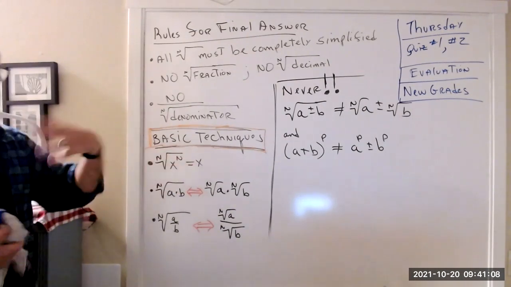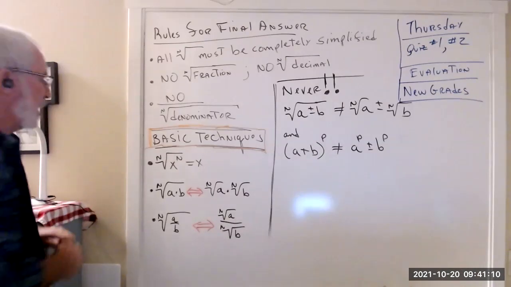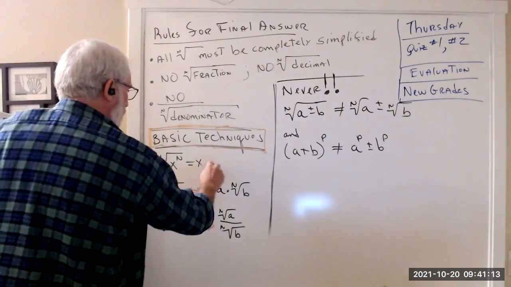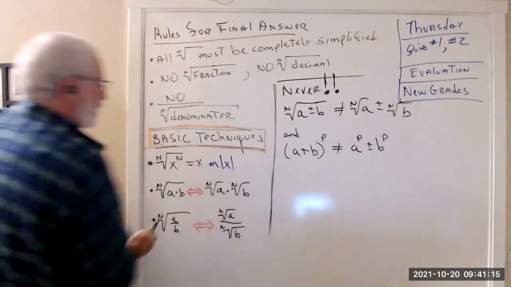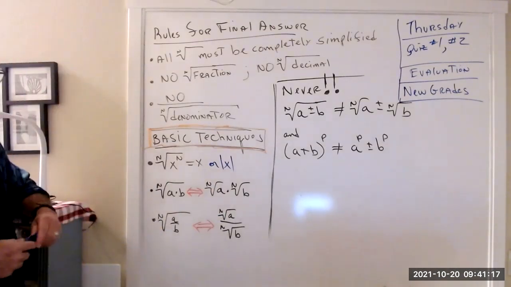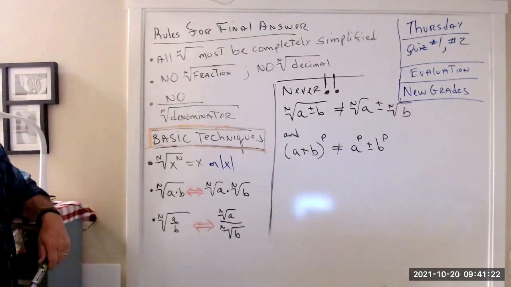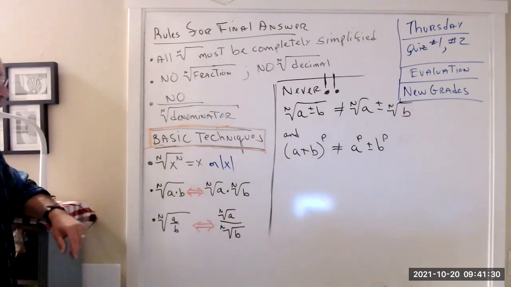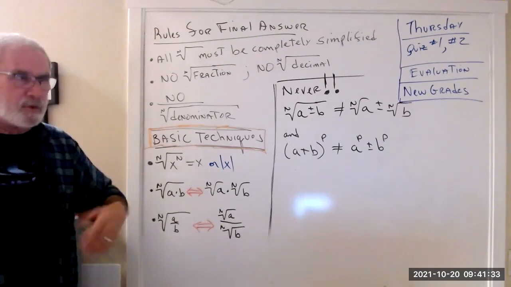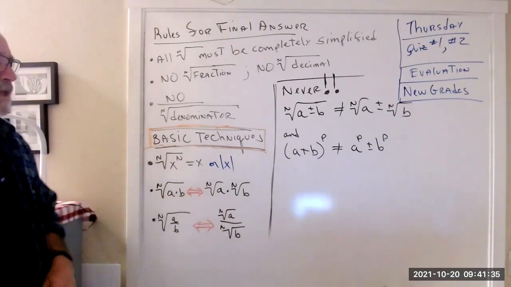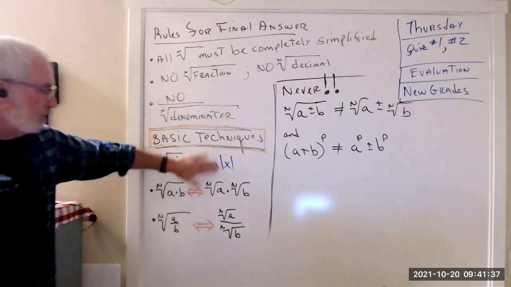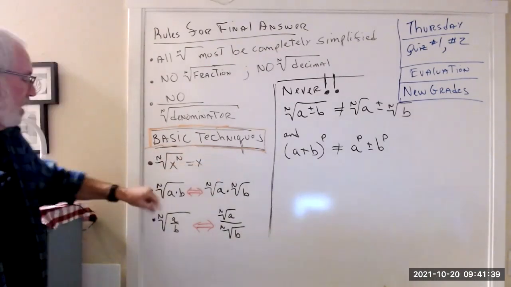To be really legit, sometimes the x needs an absolute value around it, but I've made sure that all questions don't require an absolute value. Even on the test, it says all answers are real numbers, don't use an absolute value, or something like that. So don't worry about it. I know the book pushes that, and that's actually proper, but I'm trying to keep things simpler than that. So I'll erase the absolute value there.